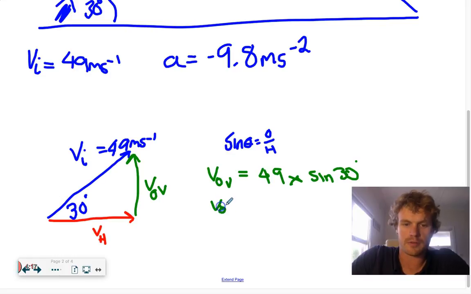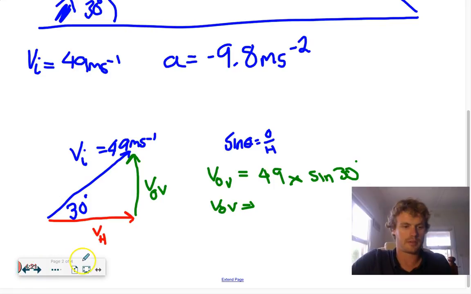And my initial velocity in the vertical component is going to be whatever that equals. It equals 24.5 meters per second.